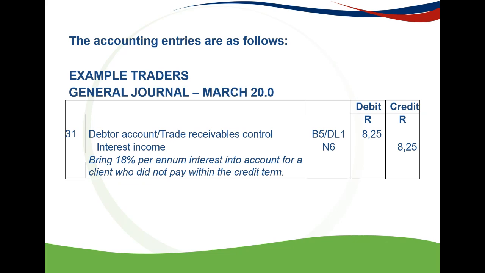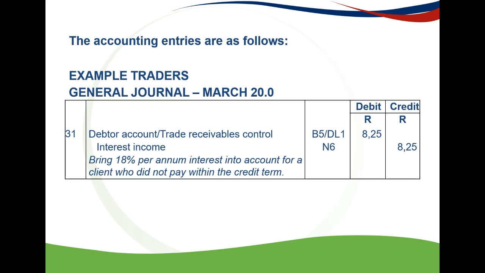Your individual transactions will be recorded in the individual debtor's account in the trade receivables ledger. But at the end of the month, when you record only the total of the journals in your trade receivables control account, you will only record the one total. But in the trade receivables ledger, in every debtor's account, each and every transaction relating to that debtor will be recorded in detail.